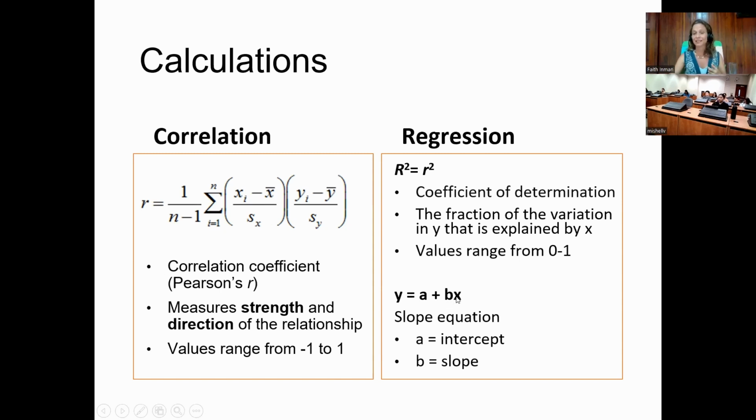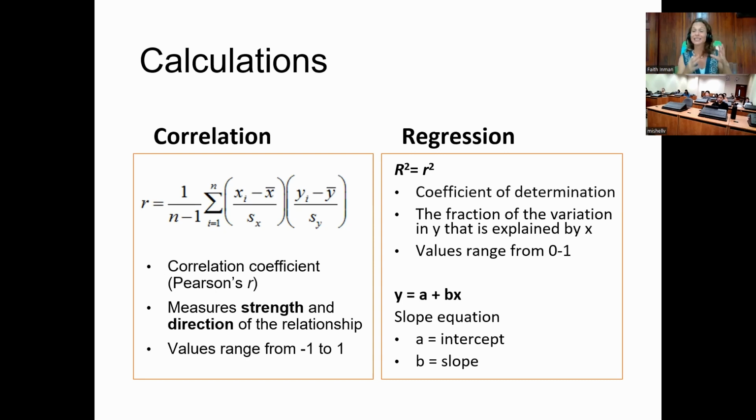There's always an x that's multiplied by a letter, plus another letter. This is the slope equation. A is the intercept, B is the slope. And if you know the intercept and the slope, then for any value of x, you can predict y, right? Within a certain amount of error, plus or minus.